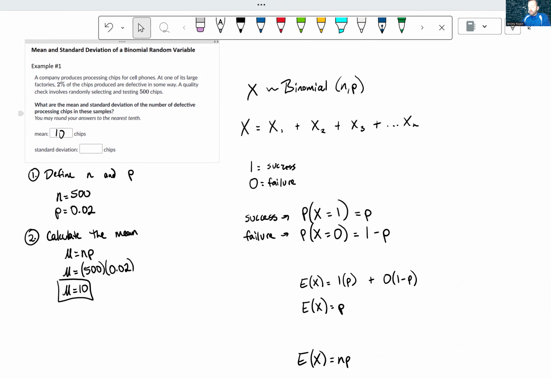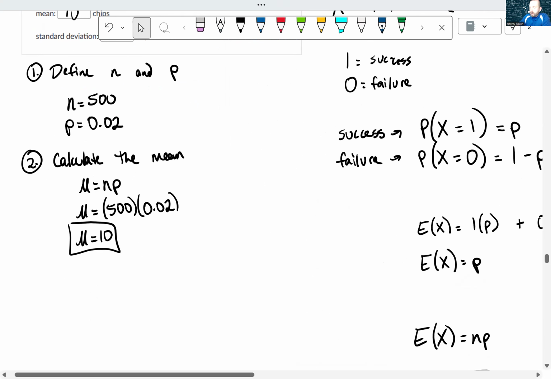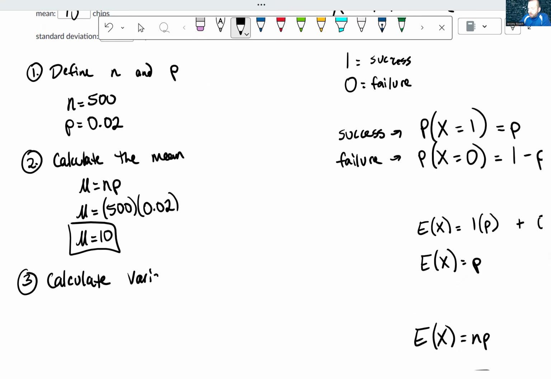Okay, now we're going to calculate the variance. And our formula for variance is the variance of X is equal to np times quantity 1 minus p. And we know both of our values for n and p.